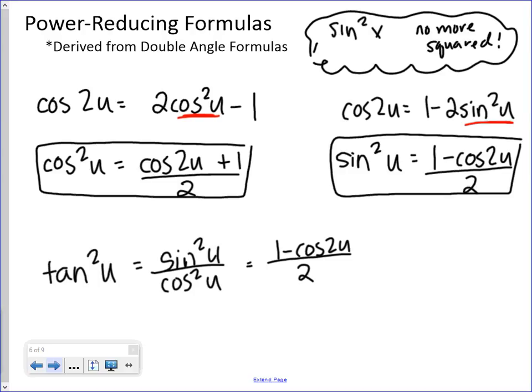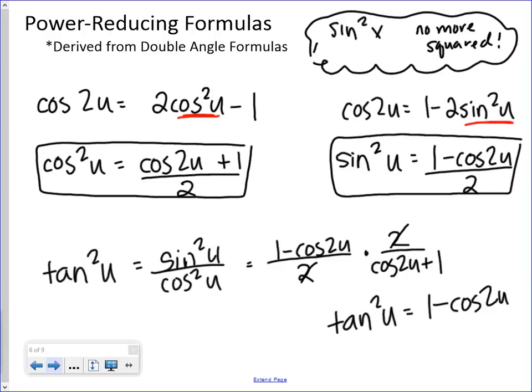And if we were to divide by cosine squared, we would multiply by the reciprocal, 2 over cosine 2u plus 1. So I multiply by the reciprocal instead of dividing. And then the 2's cancel. And so our formula is tangent squared u is equal to 1 minus cosine 2u all over cosine 2u plus 1.